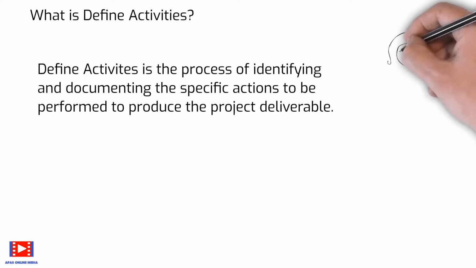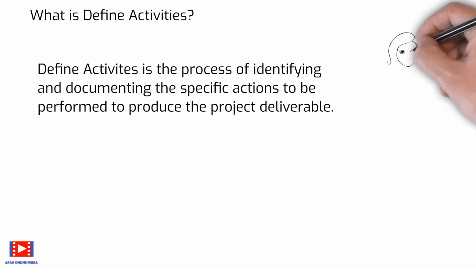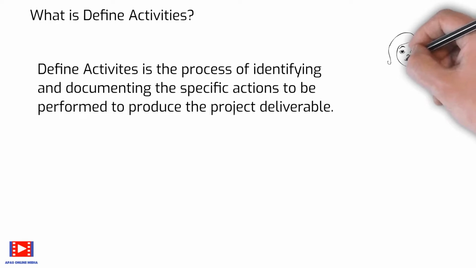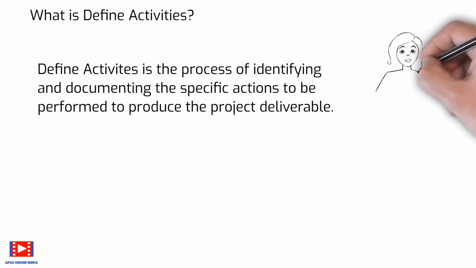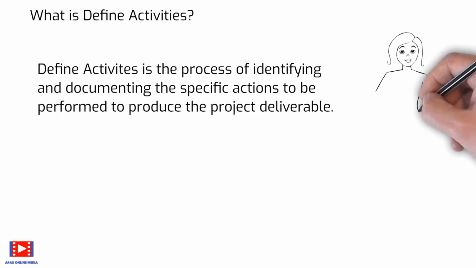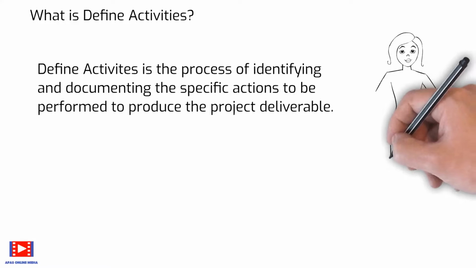The key benefit of this process is to break down work packages into activities that provide a basis for estimating, scheduling, executing, monitoring, and controlling the project work. Implicit in this process are defining and planning the schedule activities such that the project objectives will be met.